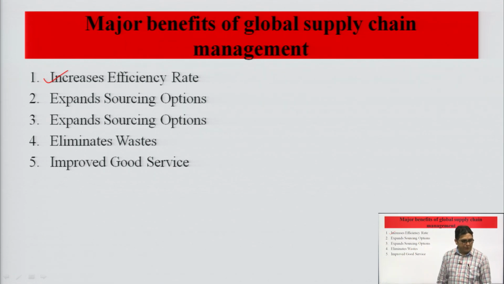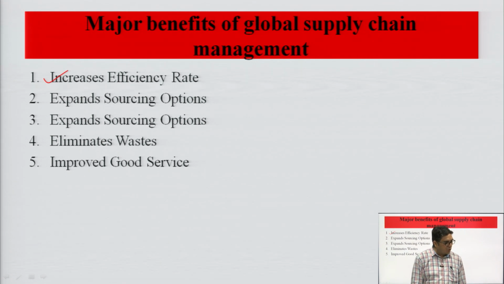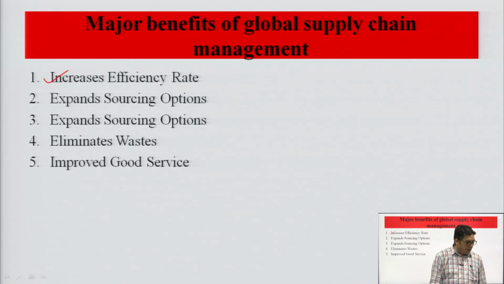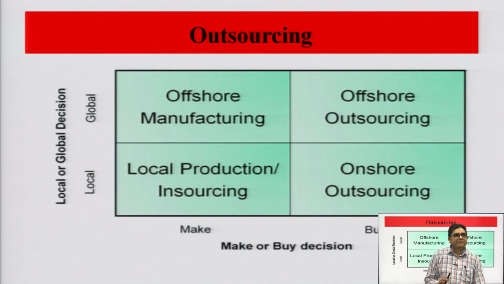Better utilization of resources, expanded sourcing options. You can opt for a sourcing option anywhere in the world. Expanding sourcing options eliminates waste and improves services. So, these are the major advantages of the global supply chain.